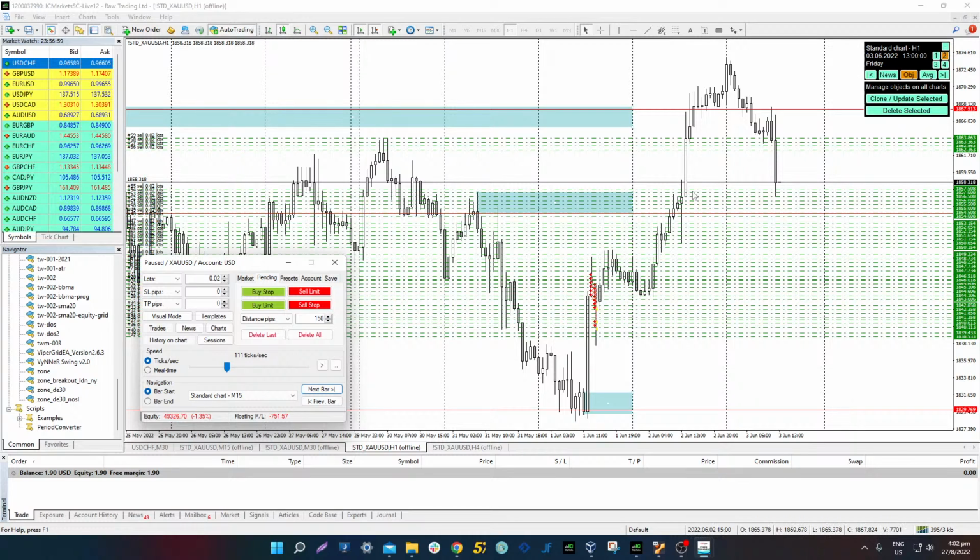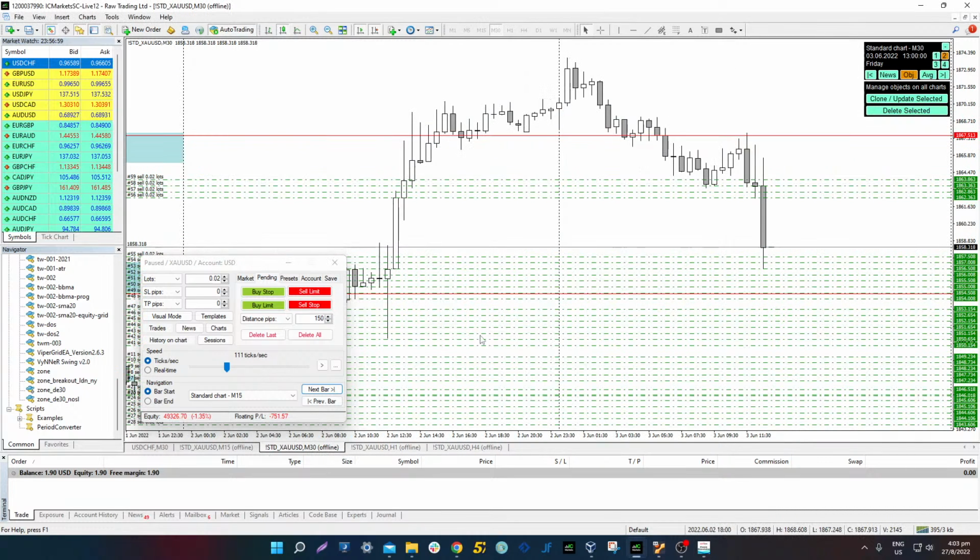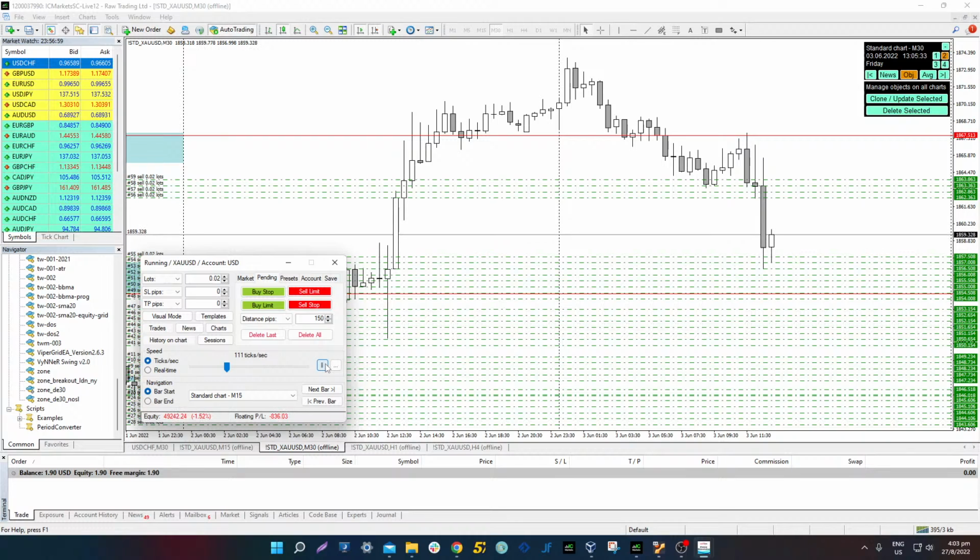We'll see how the price closes here. Looking at the lower time frame, there is a supply zone here, and if this candle closes below, we probably hold, or if not, then we would cut the loss.